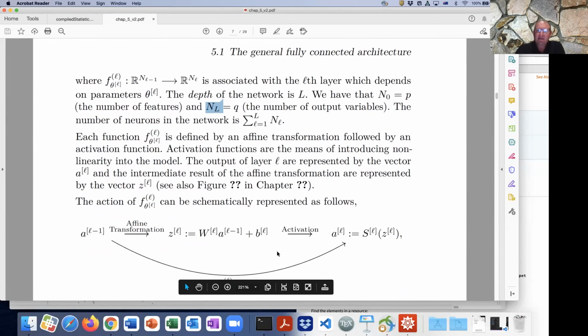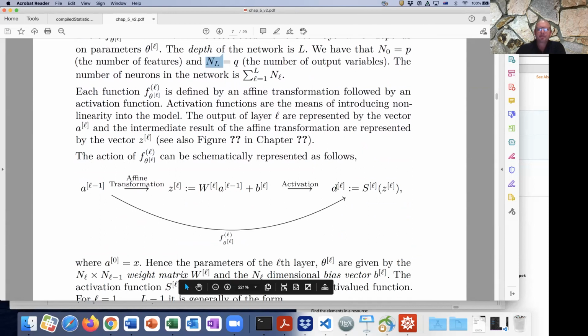Now this is kind of the key thing, so let's see that we understand this. Just look at this schematic here. The value of a neuron at the L minus first layer goes through the process of becoming the value of the neuron at the Lth layer, and there are two parts to it.